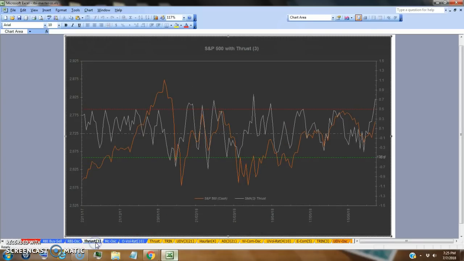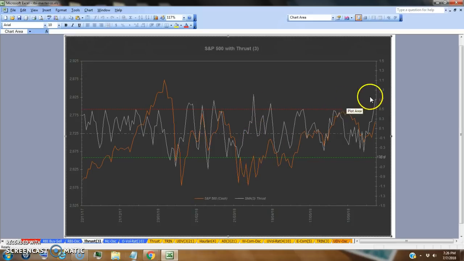This is the 3-day thrust oscillator. This is up and down volume, and advances and declines. It gives a ratio, plus or minus 50 on this, and it's well above. It's at one of its highest readings in a while here. I think the last was up here on a rally high.